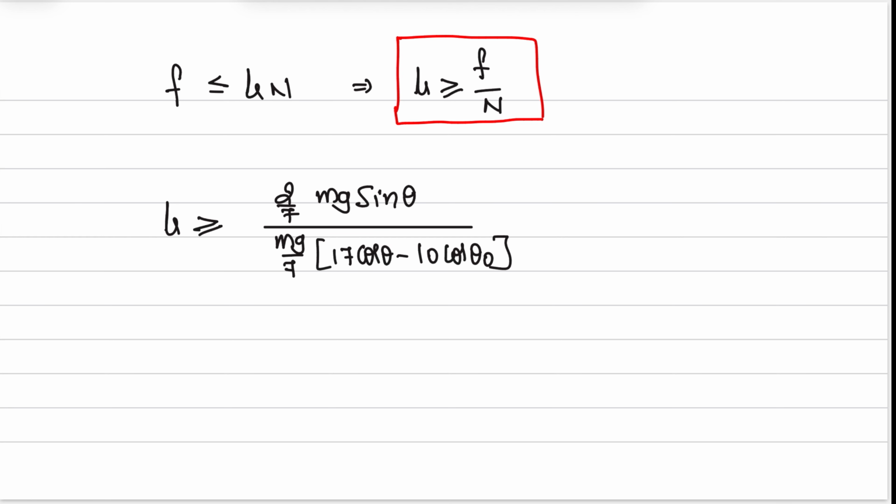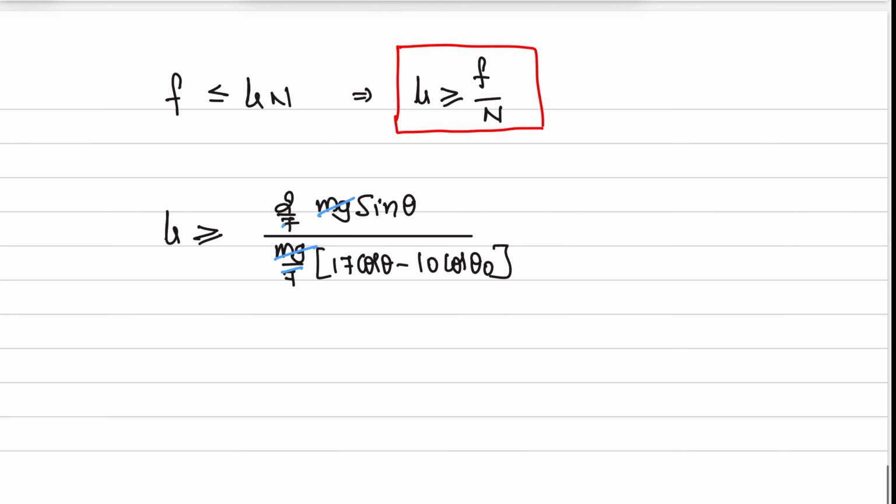Now cancel mg and 7 here. Then that will be 2 sin theta by 17 cos theta minus 10 cos theta naught.